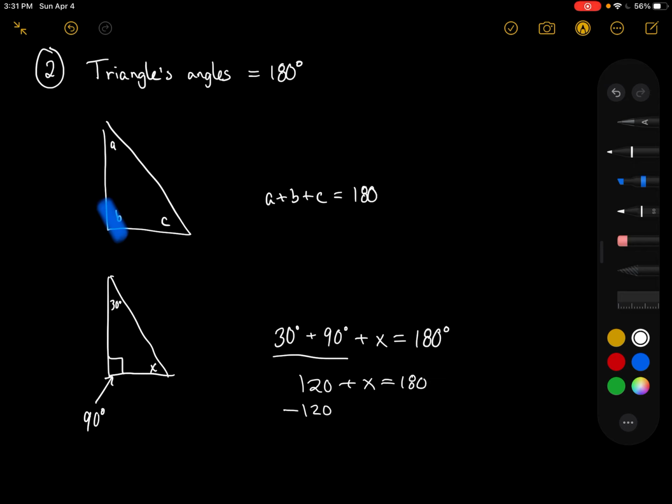So now it's simply combining like terms with addition, using subtraction to get x by itself to isolate it, and we'll end up with x equals 60 degrees. So a second skill that has nothing to do with trigonometry and everything to do with triangle properties and solving for the correct terms.